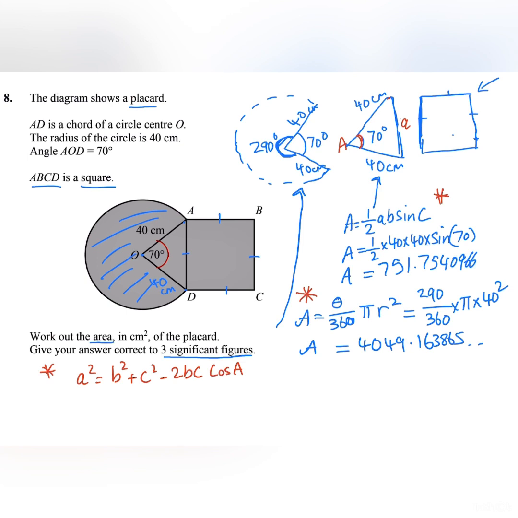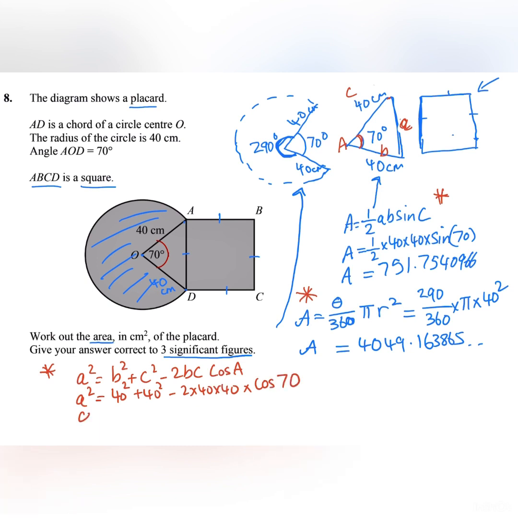If we label our sides B and C, let's call that C, because we already have the small a here, which is opposite that angle. So put these values in. A squared equals 40 squared plus 40 squared, take away 2 times 40 times 40 times cos of 70.